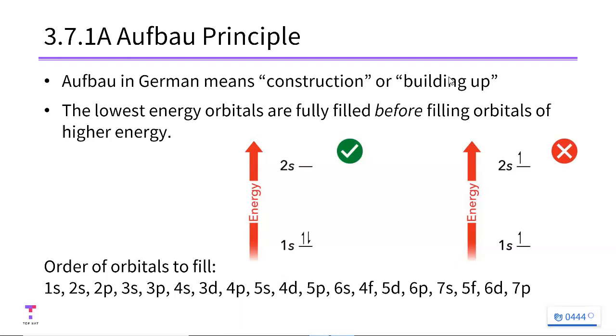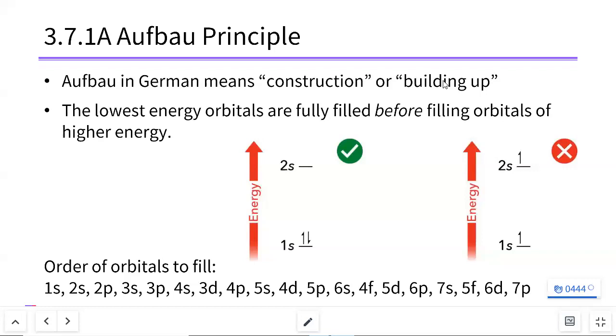The Aufbau principle tells us that when we throw electrons into an atom, those electrons are going to occupy the lowest energy level first and build their way up to the higher energy levels. But we're not going to build the next level until we have filled the level below it. So take this for example. I've got two electrons here.